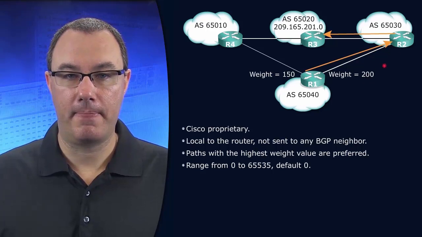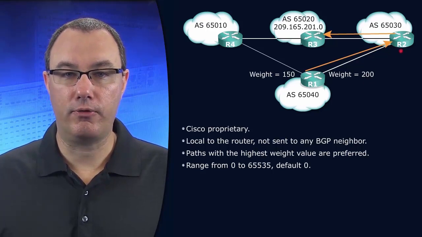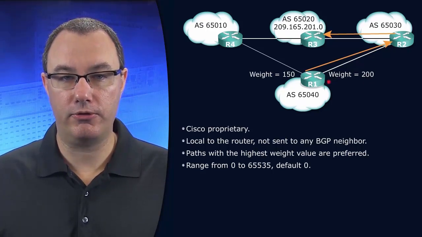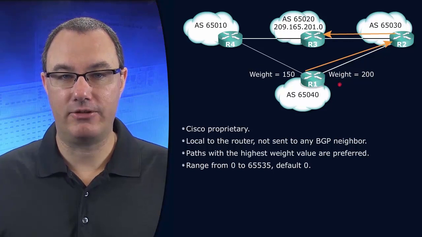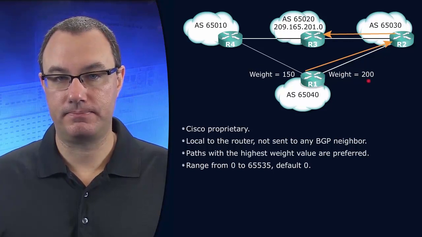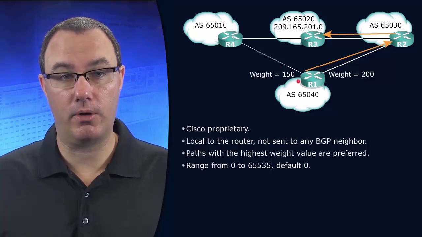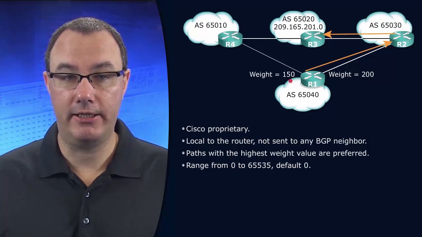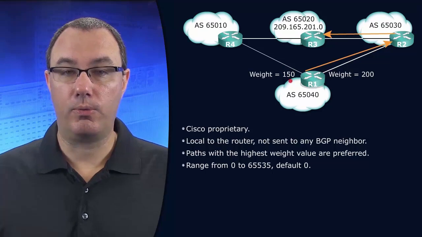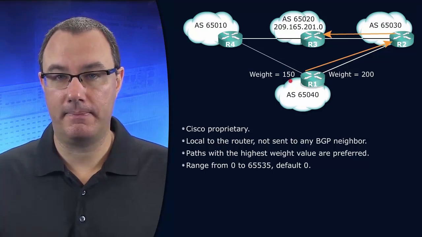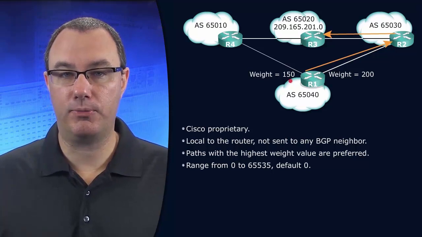So here's what we could do. We could say that routes received from R2 are going to, on R1, get a weight of 200. And routes received from R4 coming in on R1 are going to get a weight of 150. And with weight, bigger is better.